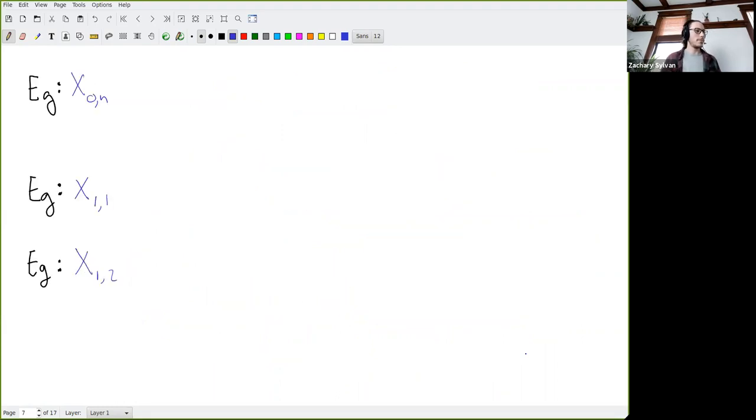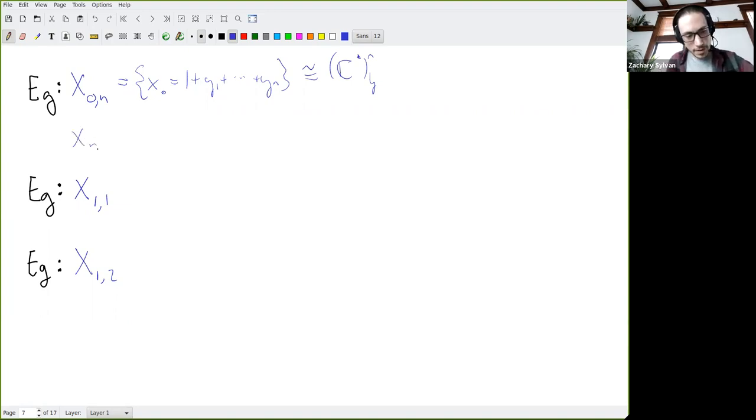So let me just do a few examples of what these model singularities are. So X_0^n is given by x_0 equals 1 plus y_1 plus up to y_n. And this is isomorphic to (C star)^n with the y coordinates. x_0 is allowed to be anything.